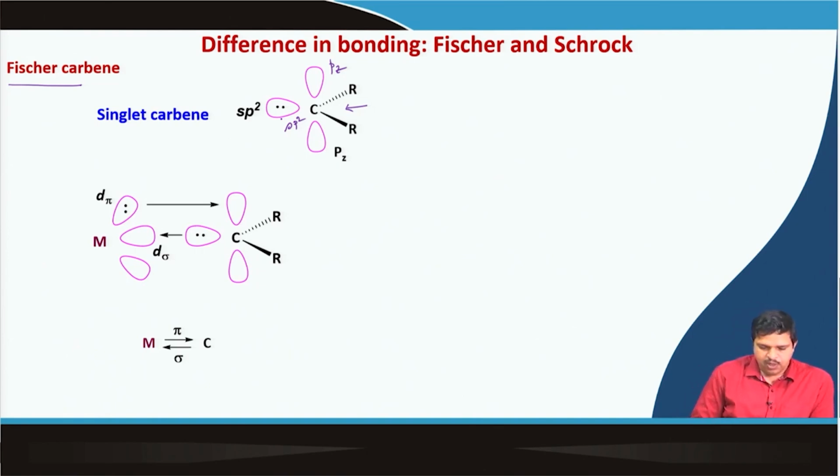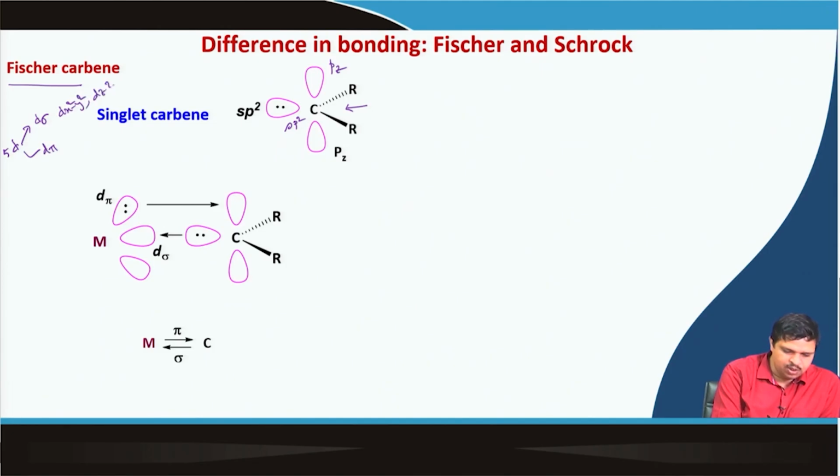Now if we have suitable metal d orbitals, you know that the five d orbitals we can categorize as d sigma and d pi. D sigma is dx square minus y square and dz square, and d pi is dxz, dyz and dxy.